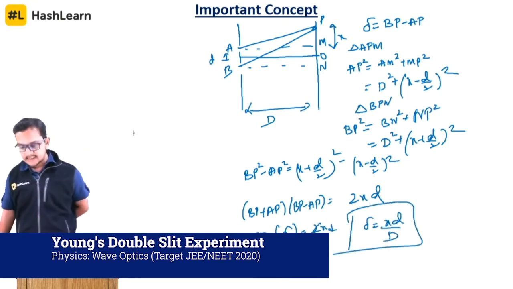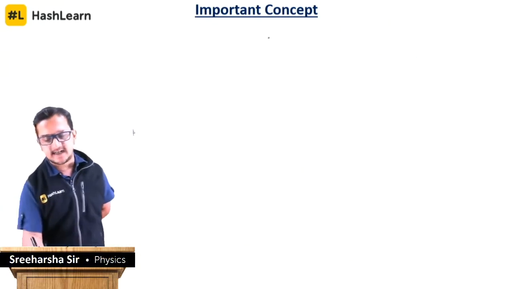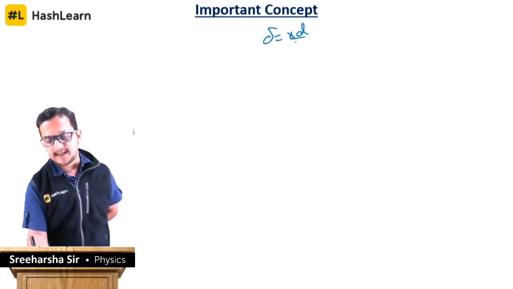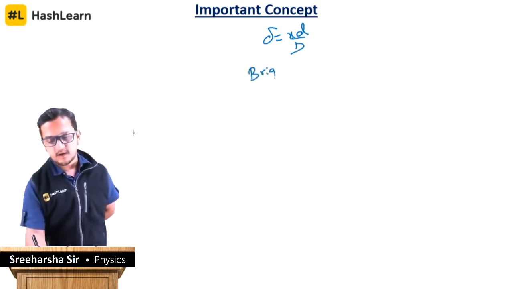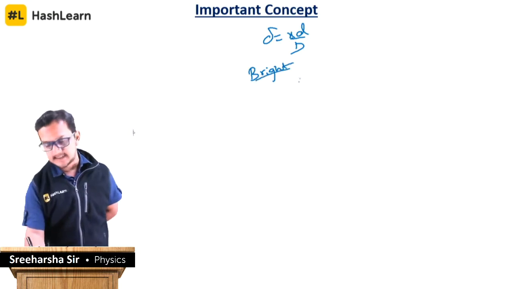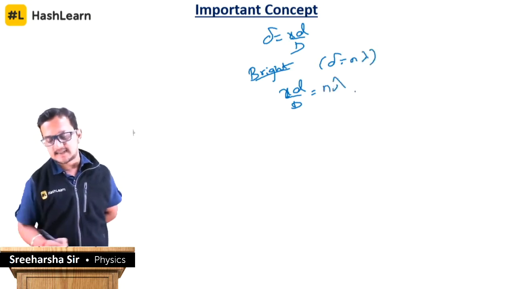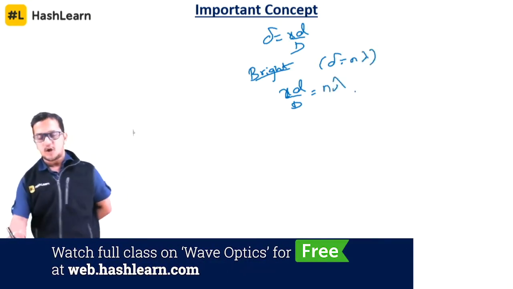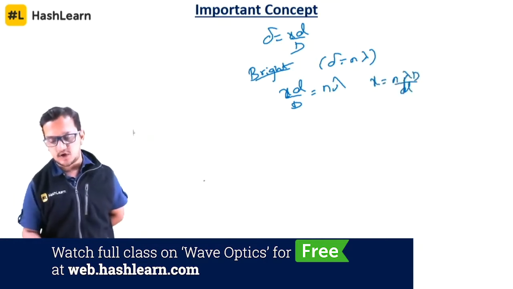So when you put the condition for the bright fringe, what is the condition? Delta equals xd by capital D, which was the derived condition. For a bright fringe, delta equals n lambda. So xd by D is equal to n lambda for the nth fringe, or x equals n lambda D by d.